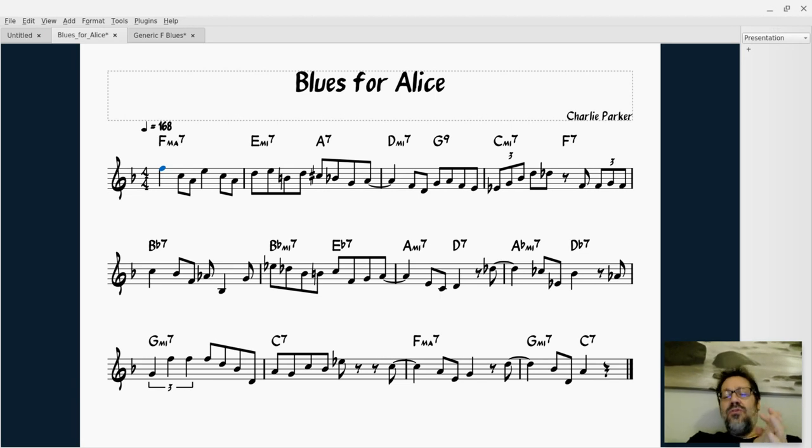So most of what's really fascinating about this piece in particular is that chord progression, because Charlie Parker wrote many blues tunes, many tunes based on a blues chord progression. And this is the one where he took the chord progression itself the furthest. His melodic language on this is more typical for Charlie Parker.